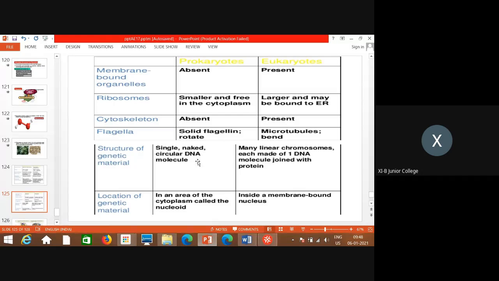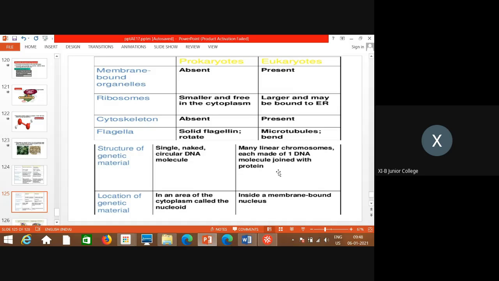Flagella in prokaryotes are solid, made up of flagellin, and they rotate, whereas in eukaryotes they show a microtubule bend. Then genetic material is in the form of a single naked circular DNA molecule in prokaryotes, whereas in eukaryotes there are many linear chromosomes, each made up of one DNA molecule joined with protein.